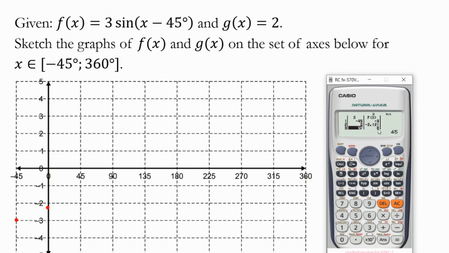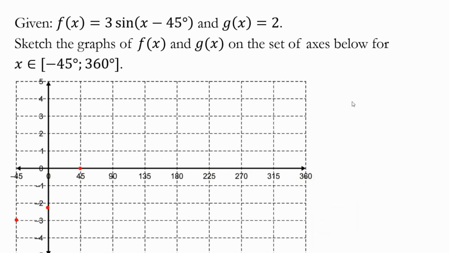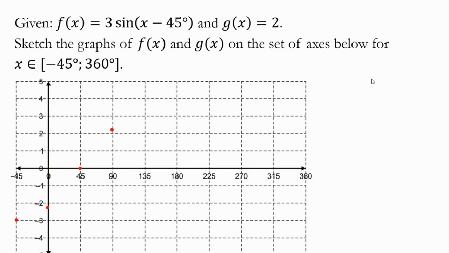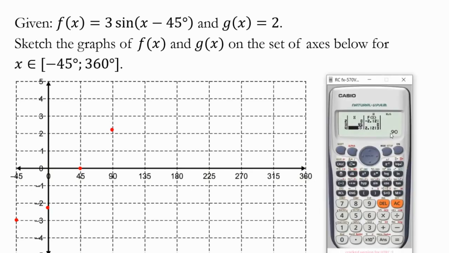You can see there is 0. See that? And then 90 is 2.12. That's 90. And then we have 135, which is 3.